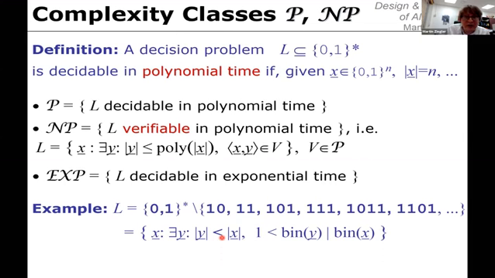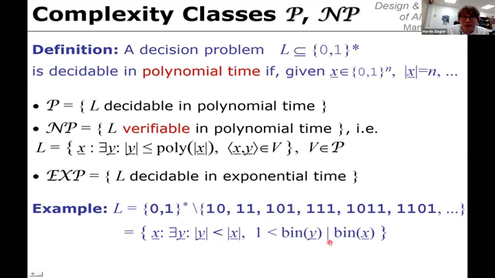So it means we have reformulated the non-primality problem, the problem of being a composite number, as a problem in the form NP, as a polynomial time verifiable problem.